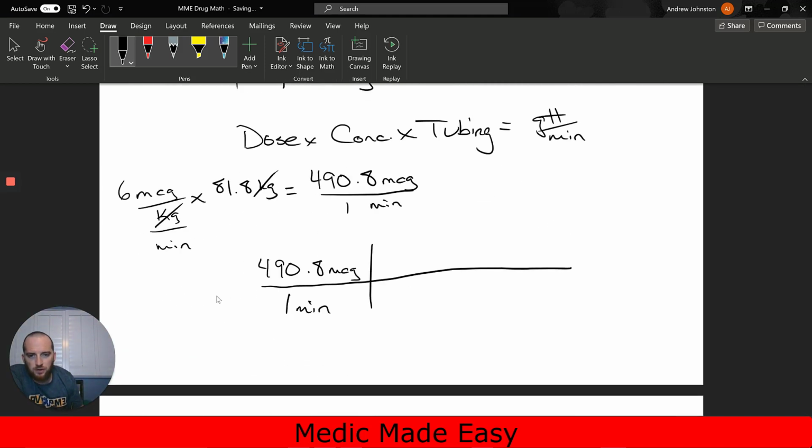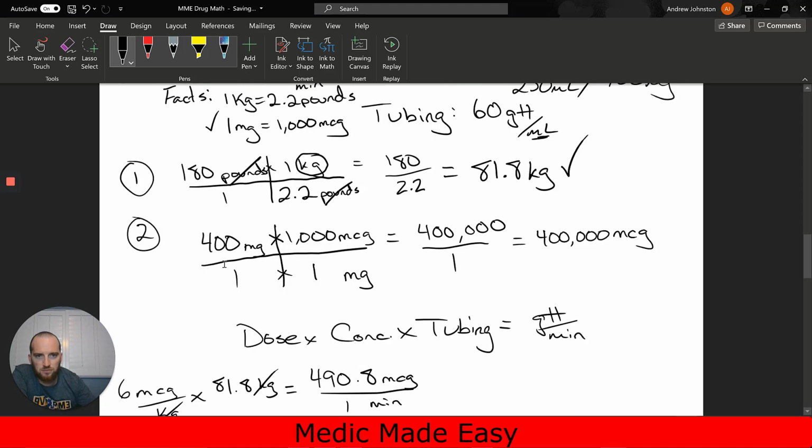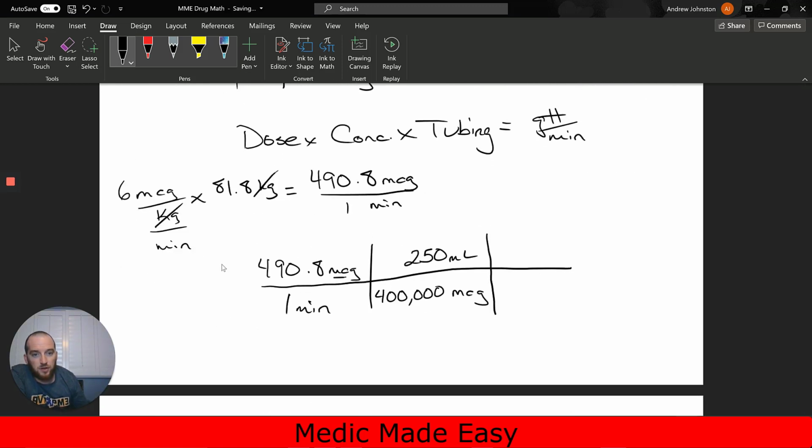So I've got micrograms on top, so I'm going to have micrograms on bottom, so those go away. 400,000 micrograms and 250 milliliters was the other piece of that concentration. And then we have our 60 drops per milliliter. I've got milliliters on top, so I'm going to need milliliters on bottom.